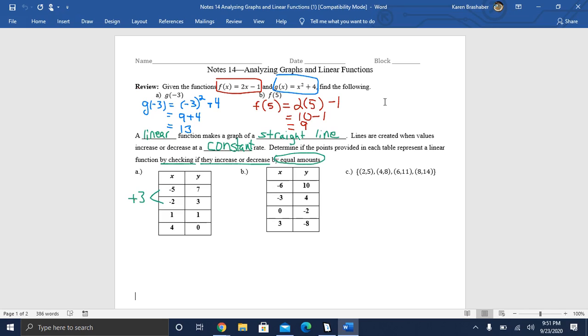So in other words, negative 5 plus 3 would give us negative 2. So if we're going to have a linear situation, we want to see that our x's and our y's are going up at a constant rate. So negative 2 plus 3 gives us 1. So again, plus 3, and 1 plus 3 gives us 4. So this is a constant rate for our x's.